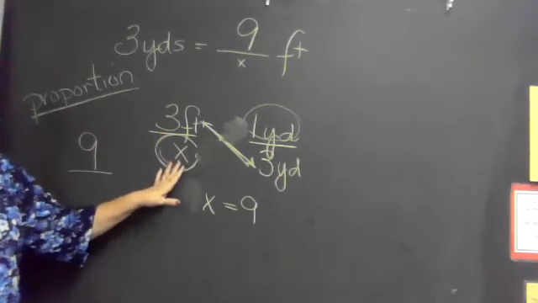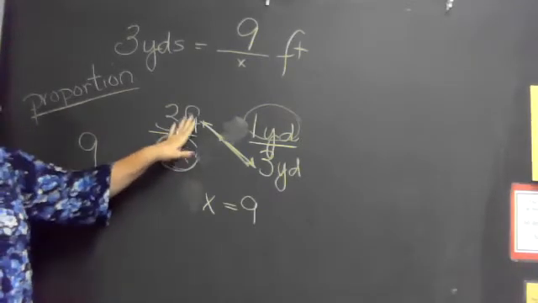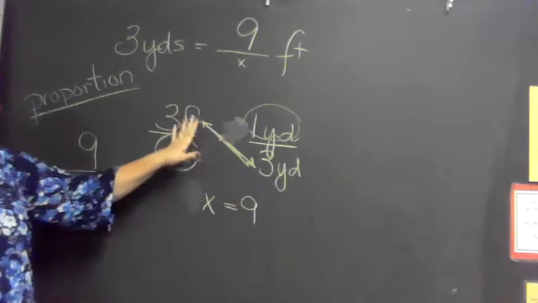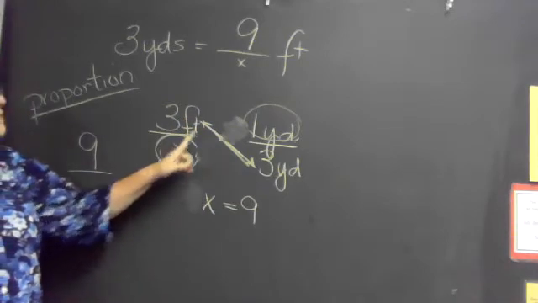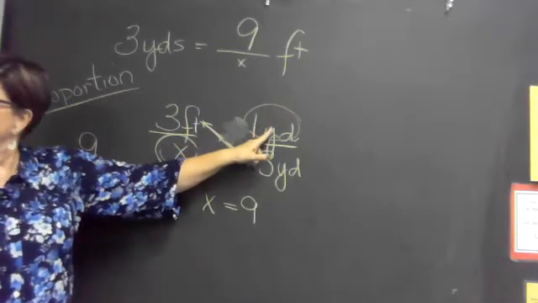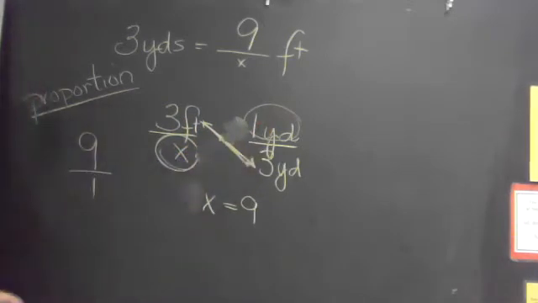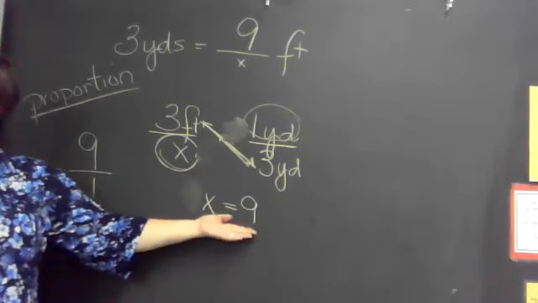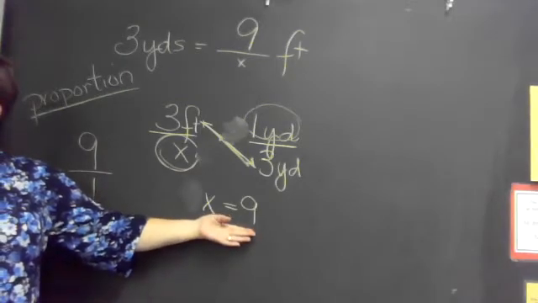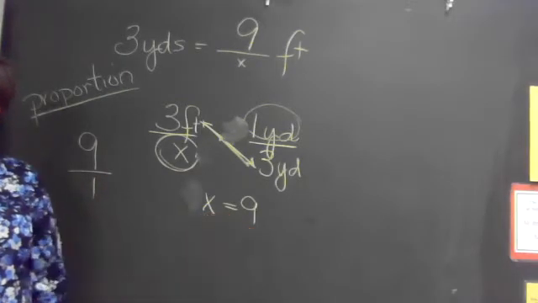So if you want to find x, you multiply the numbers that don't include the x, and then divide by what's left over. So 9 divided by 1 is going to be 9. Same thing. So whichever way you want to do this is fine.